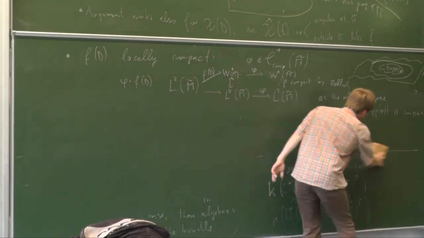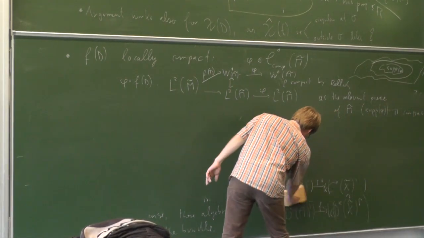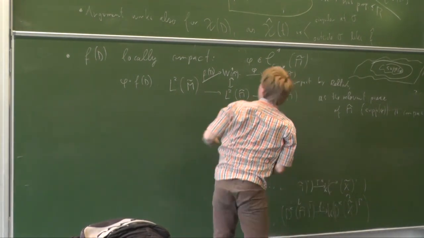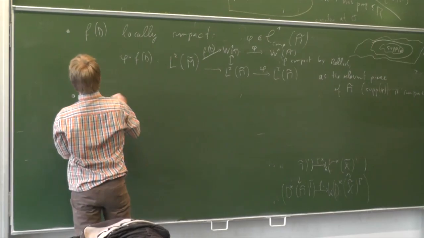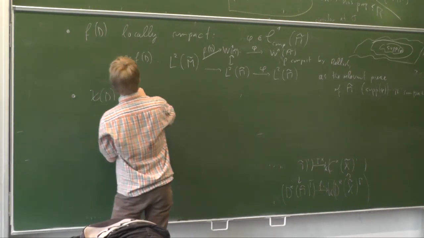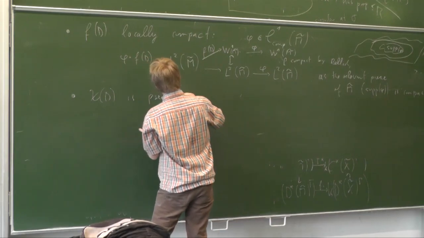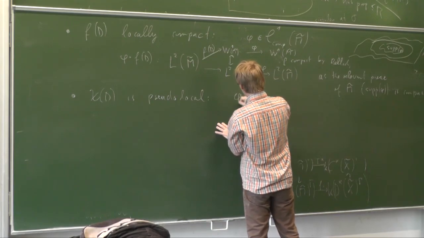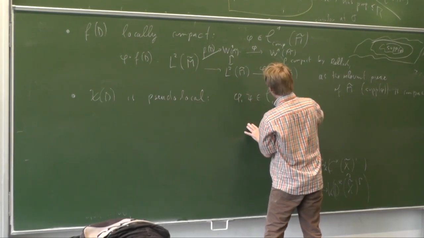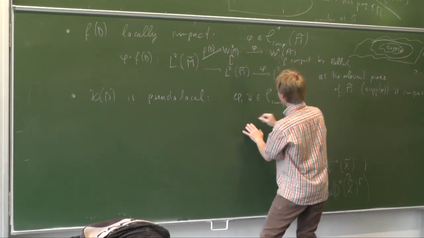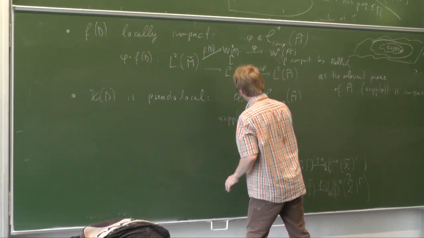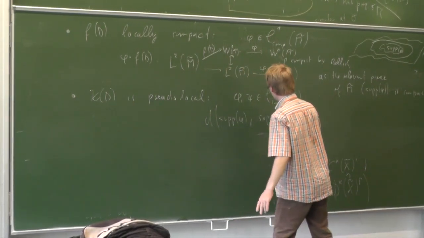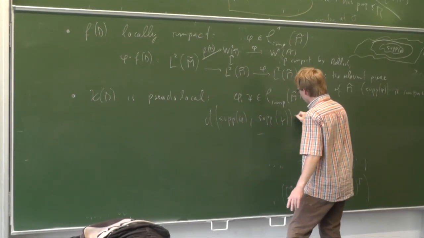And let me finally tell you why it also works for E star. Pseudo-local. So if we look at phi and psi, compactly supported functions on N tilde, with the distance between the support of phi and the support of psi bigger than epsilon.